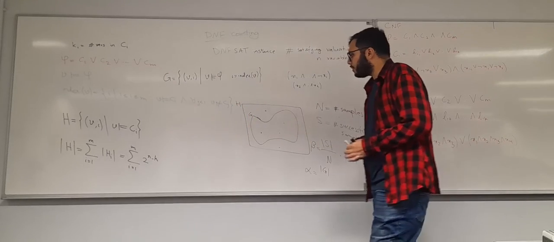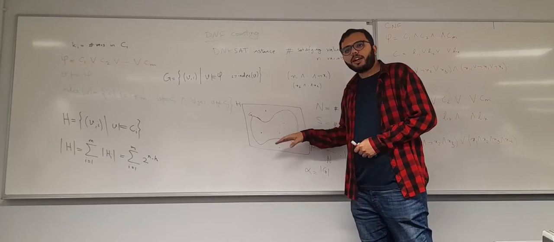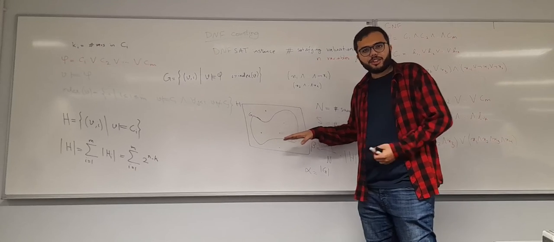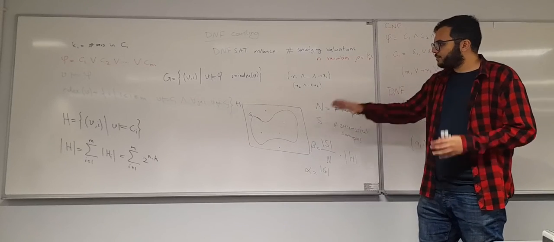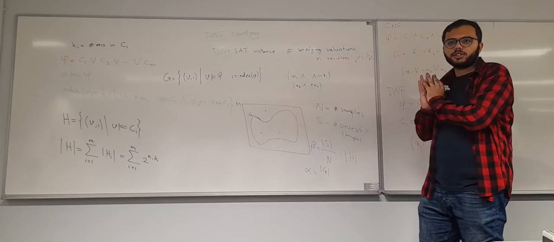So yes, I changed the size of my H, but I kept the size of my G the same. Size of G is what I want to approximate, and I kept it the same, even though I changed the definition.